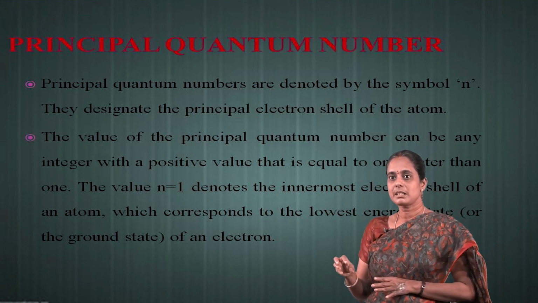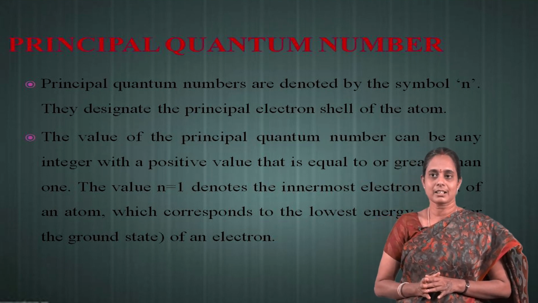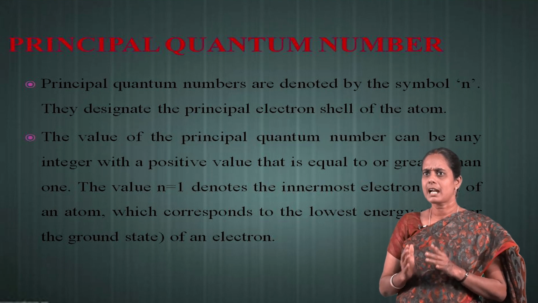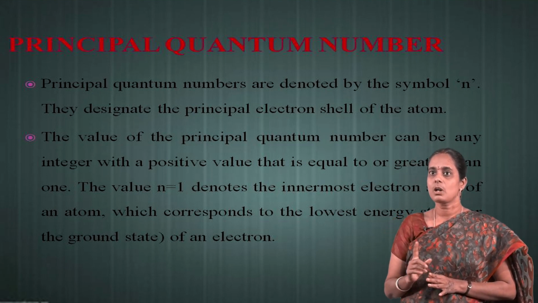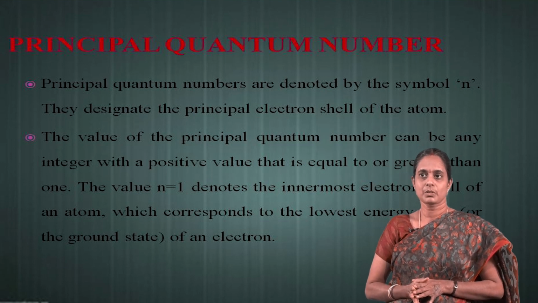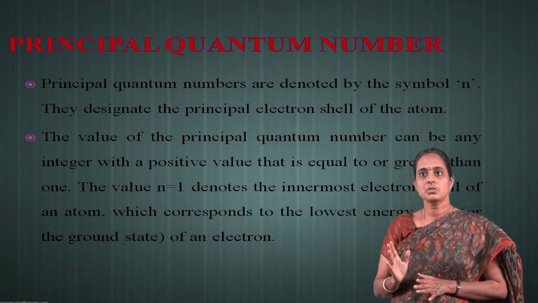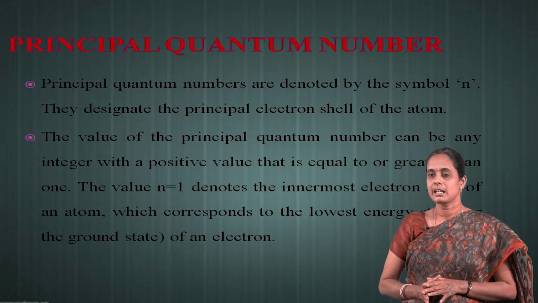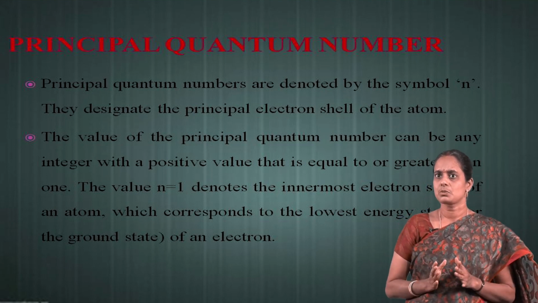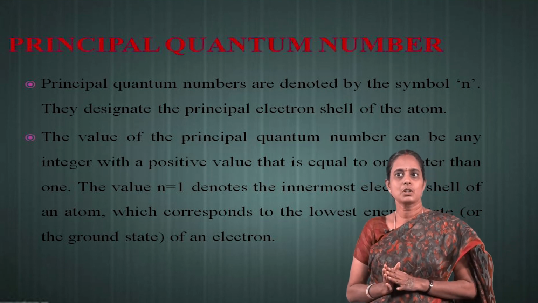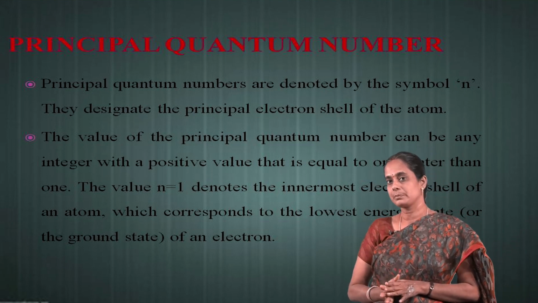Lowest energy state means the ground state of the electron. Thus, the principal quantum number cannot have a negative value or be equal to 0, because it is not possible for an atom to have a negative value or no value for a principal shell.